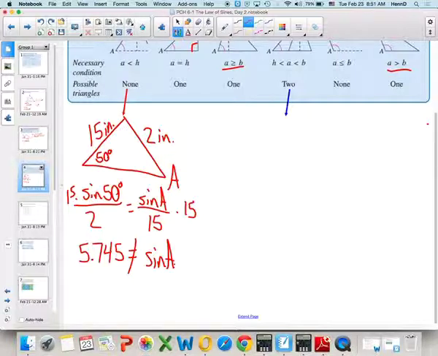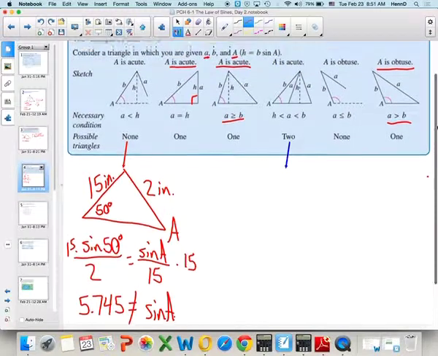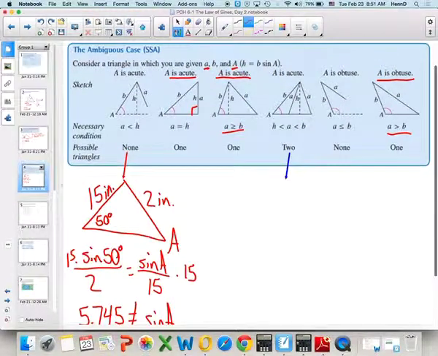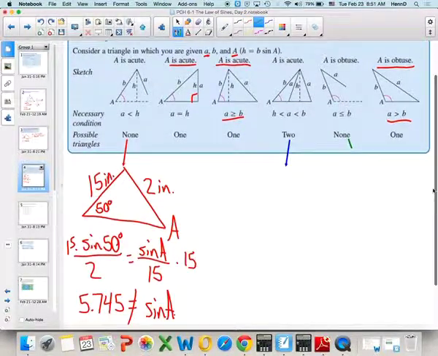Alright, good. Now let's look at the other case where it's impossible, and that is if our angle is obtuse. We already said the biggest angle has to be across from the biggest side.